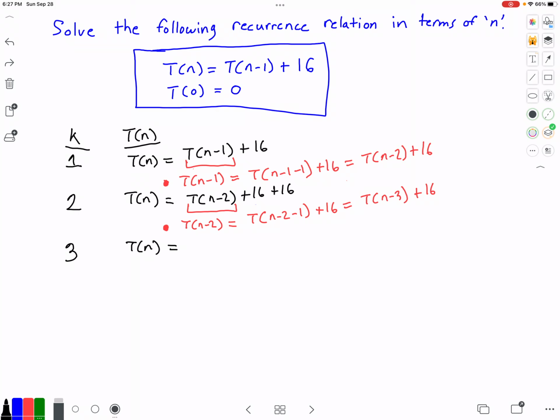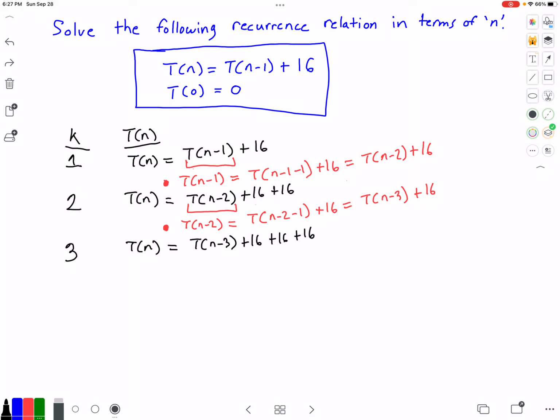So we get t of n minus 3 plus 16, and then we need to add the other two 16s as well, the 16 from here and the 16 from here. So we get plus 16 plus 16.